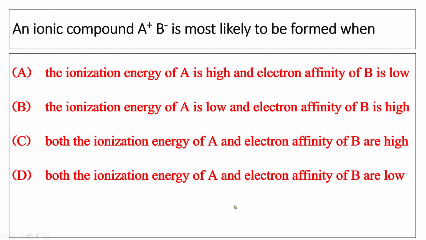Correct option is B. An ionic compound of A cation, B anion is most likely to be formed when the ionization energy of A is low and electron affinity of B is high.